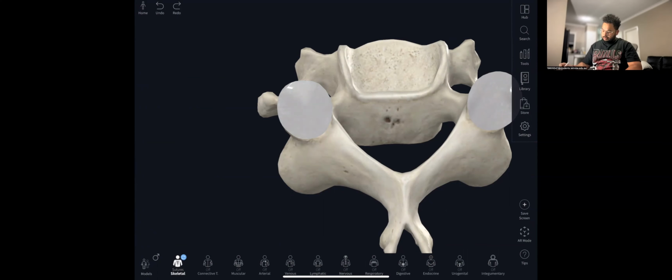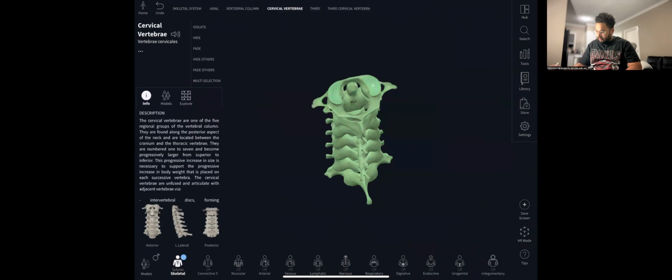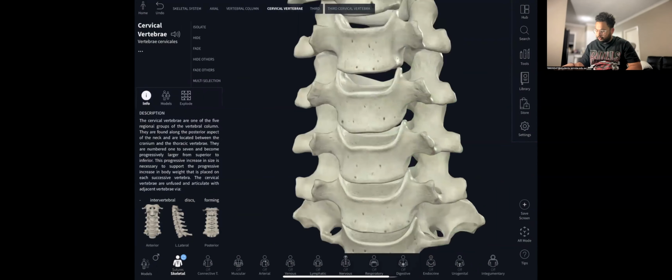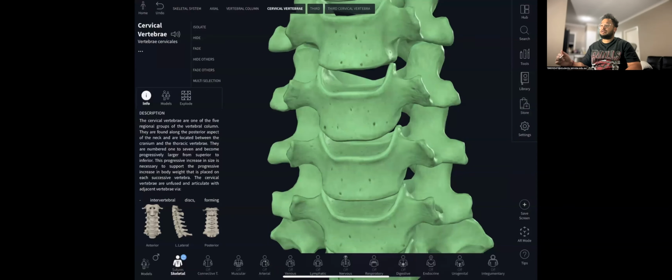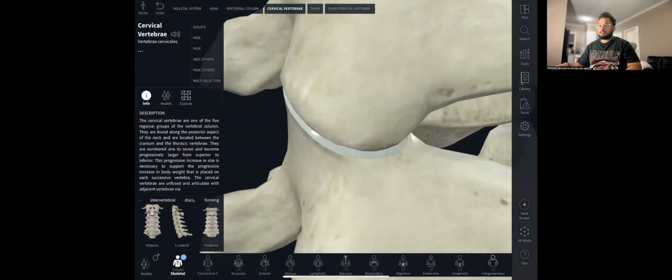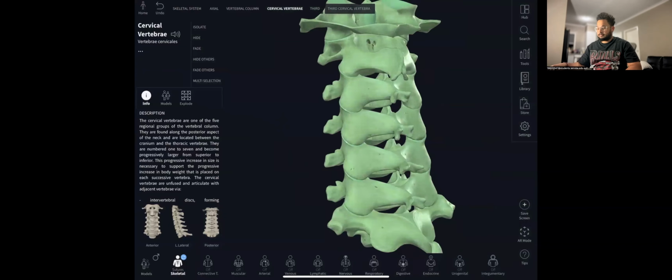So our structure will actually align with the facets to the facets. As you can see here, anteriorly the bodies are attaching with each other, but posteriorly these facets are actually attaching with each other.